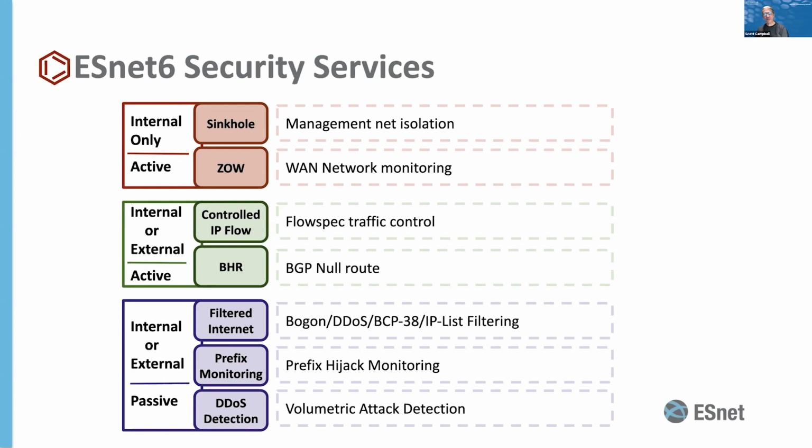Then there's 3 more services, which are kind of interesting and dynamic. The first is a filtered internet service, which is just a way of structurally building in, there is no reason for you to transit 50 gig per second of NTP to a site. Like there's no healthy reason for it.